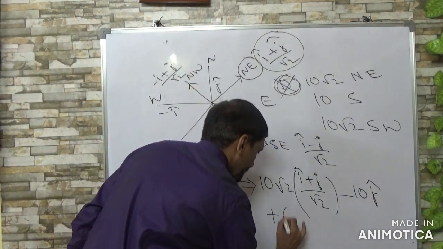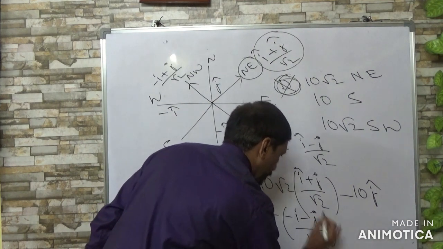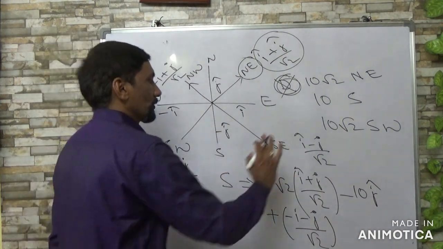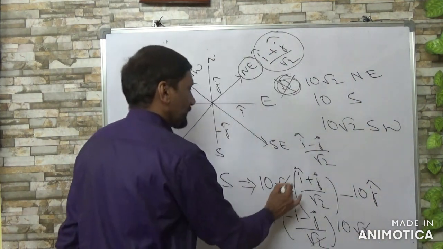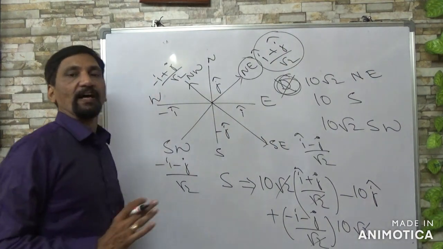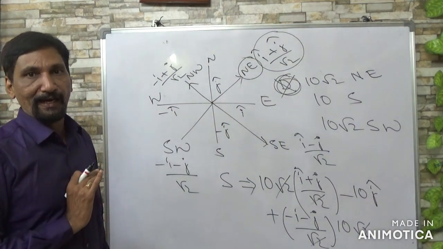So I take minus i minus j by root 2 into 10 root 2. When you further simplify, you can find the resultant displacement.